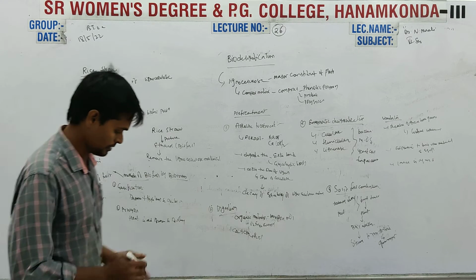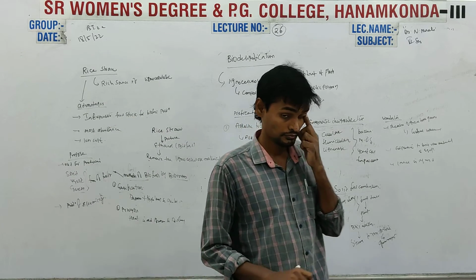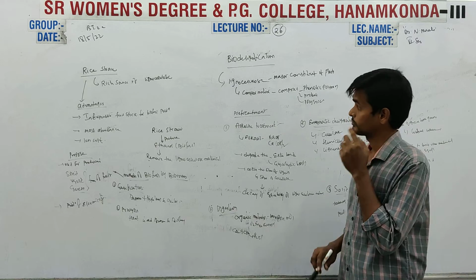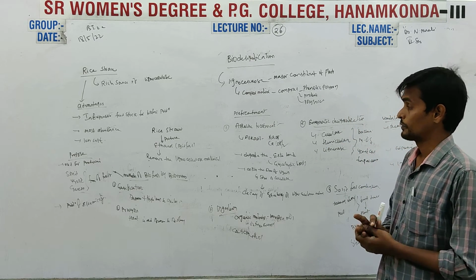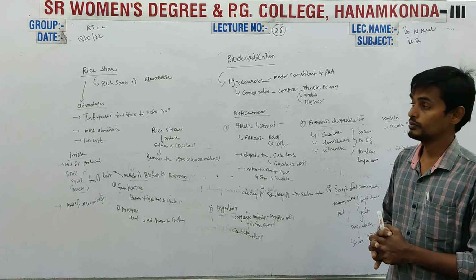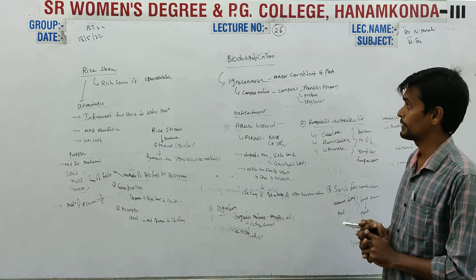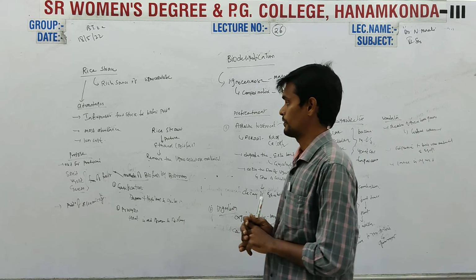So this is all about bio-delignification. Here we have to remember the treatment methods, alkali chemical methods and enzymatic methods, for removing lignocellulosic material, which is used to produce biofuel.